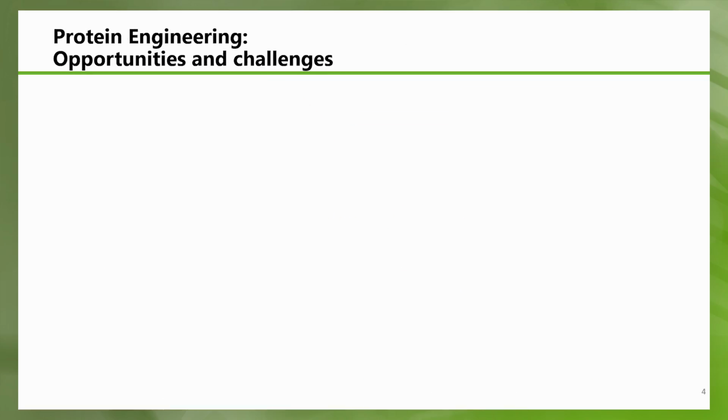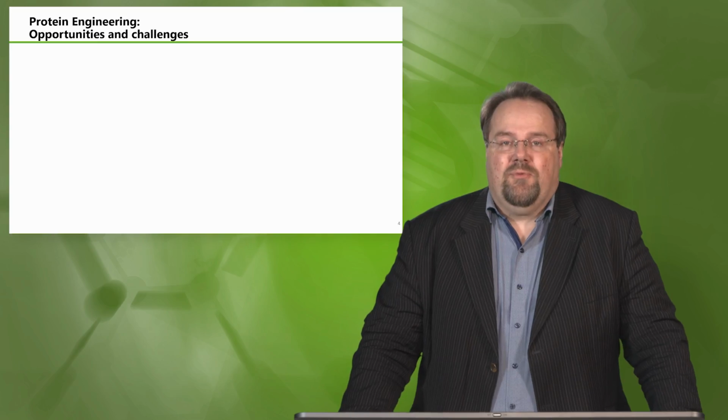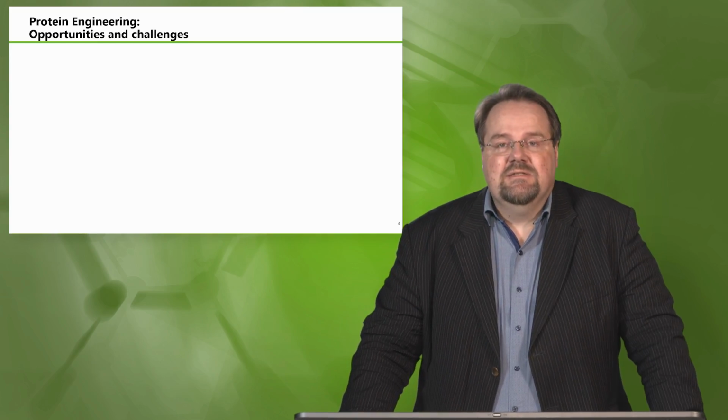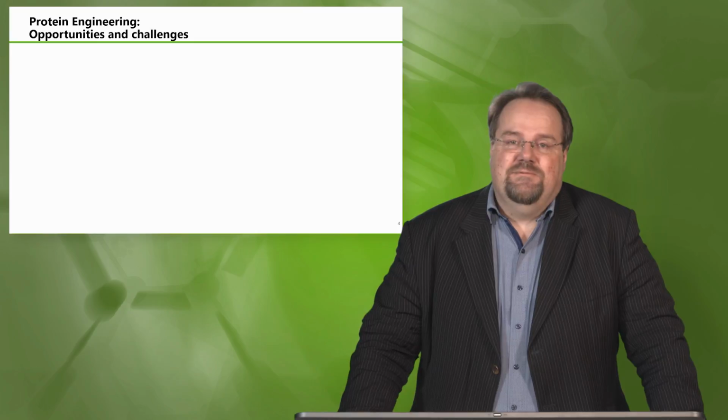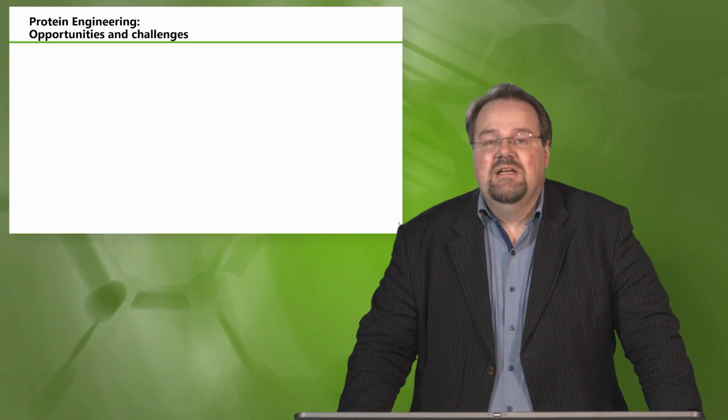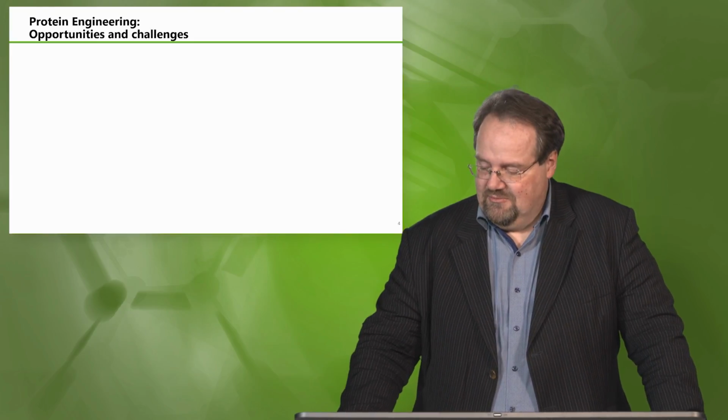So when we think about protein engineering, the first thing that we have to take into account is the protein sequence space. The protein sequence space gives us a feeling for the opportunities and challenges in protein engineering.